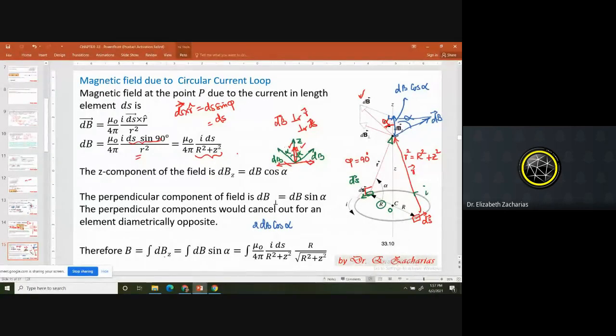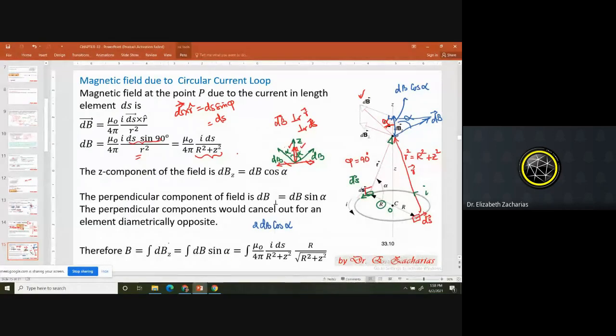So the perpendicular component of the field is dB sin alpha. The perpendicular component would cancel out.